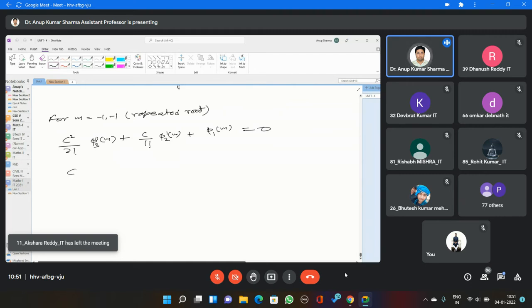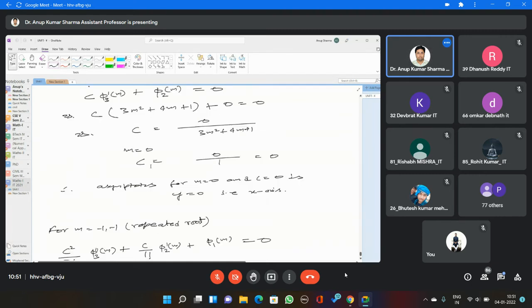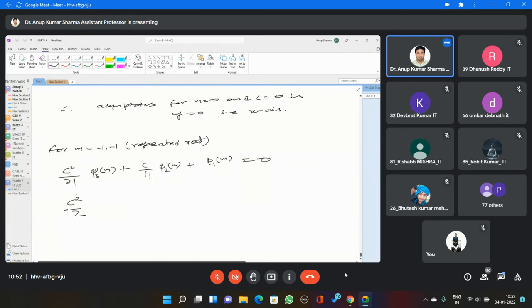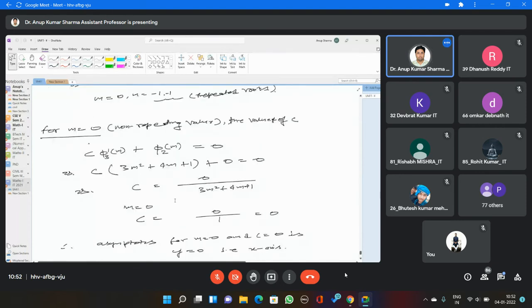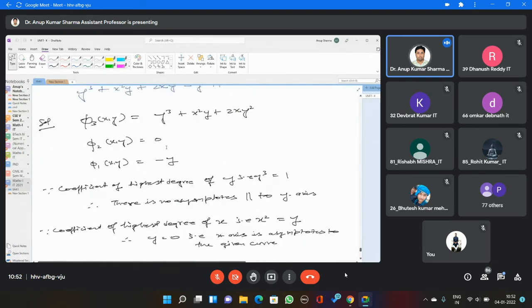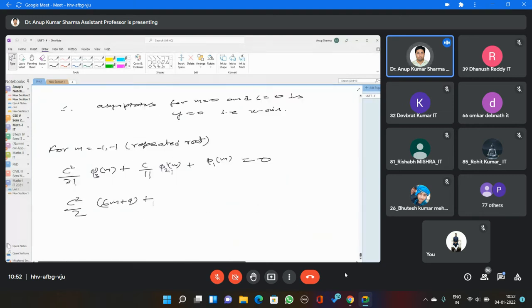Okay, the c square upon 2 phi double dash m. So just now written here. So this is the 3 into 6m plus 4, plus phi 2m, because phi 2m is already 0. So this becomes 0.